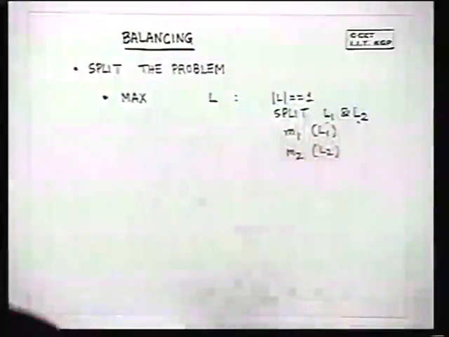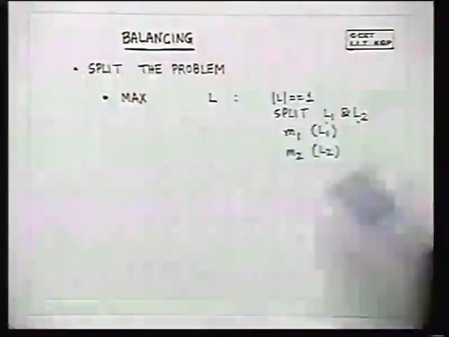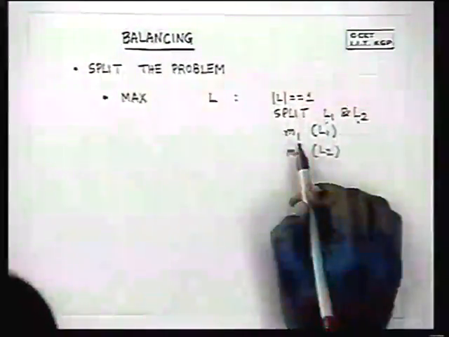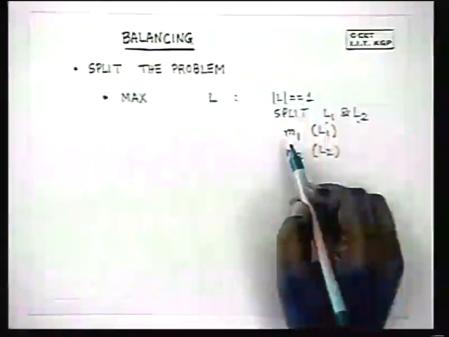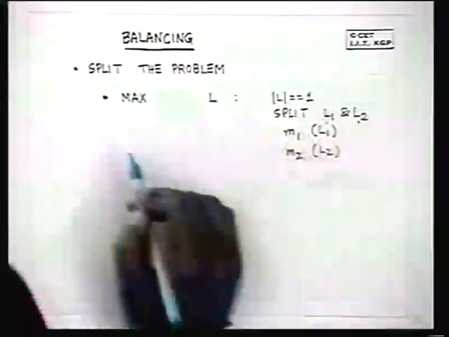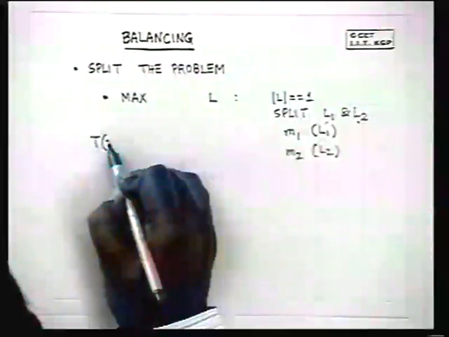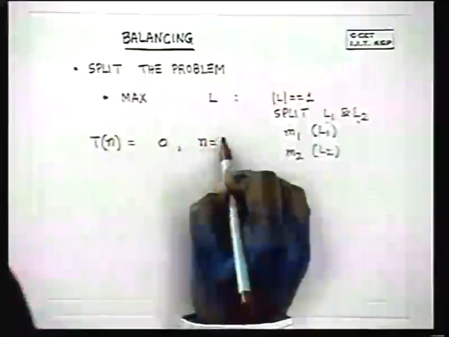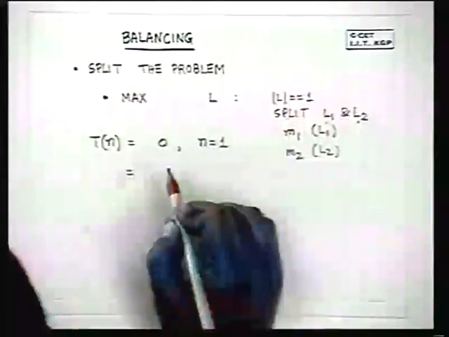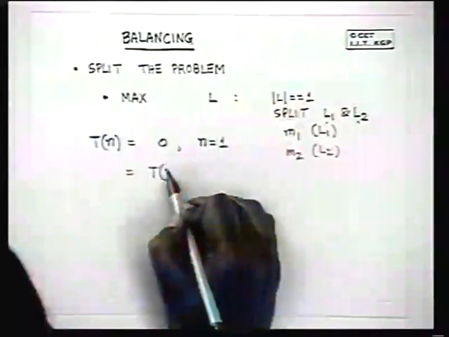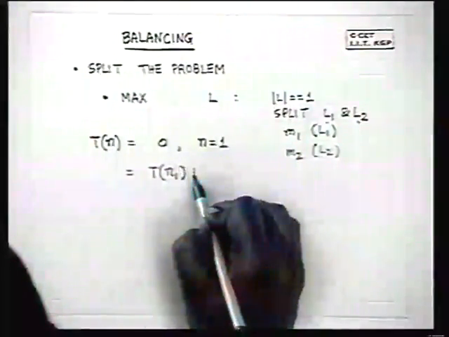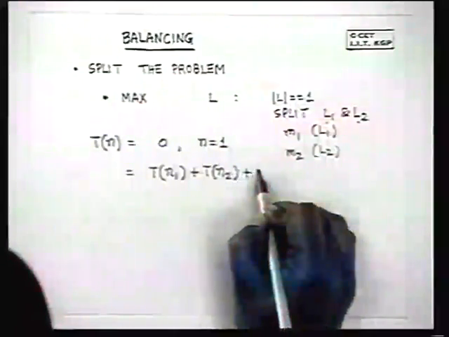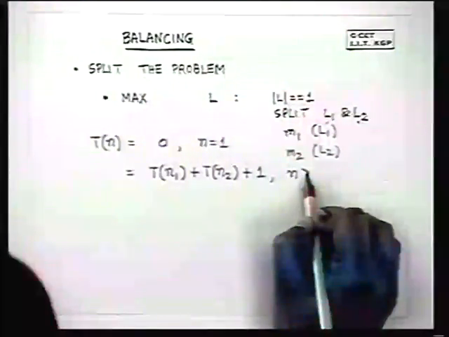To answer that question, we saw that you have to solve recurrence equations. For example, here the recurrence equation is related to the number of comparisons that have to be made, because here the number of comparisons for n numbers is equal to 0 when n is equal to 1, and is equal to the number of comparisons in the first split list plus the number of comparisons in the second split list plus 1 when n is greater than 1.